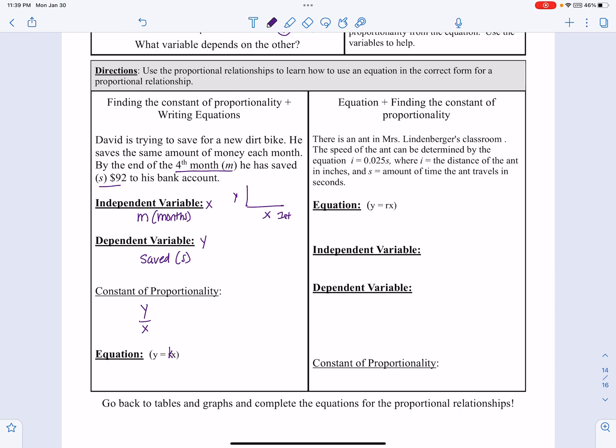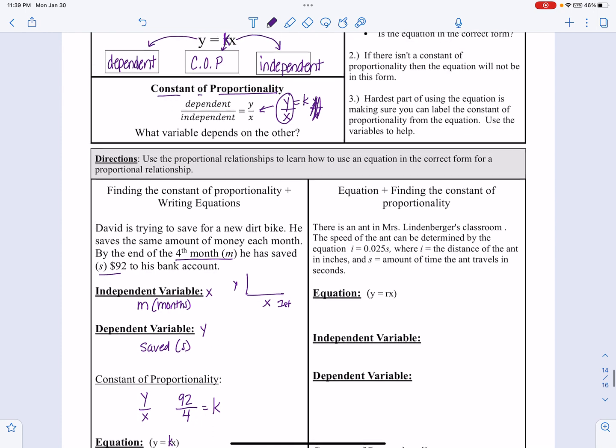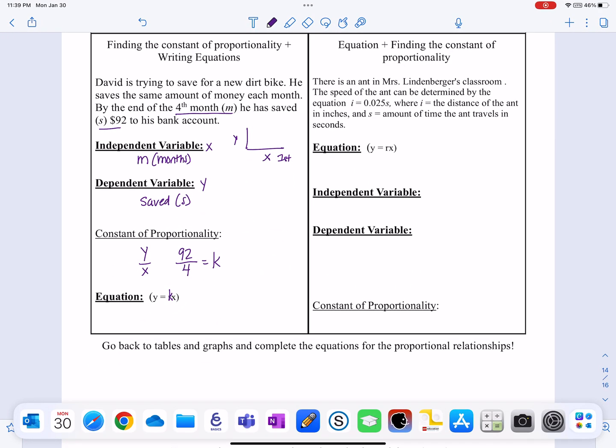Okay, our dependent variable Y was 92, and X was 4. Okay, and so those two things equal K, our constant of proportionality. So you can just do 92 divided by 4, if I have my calculator.